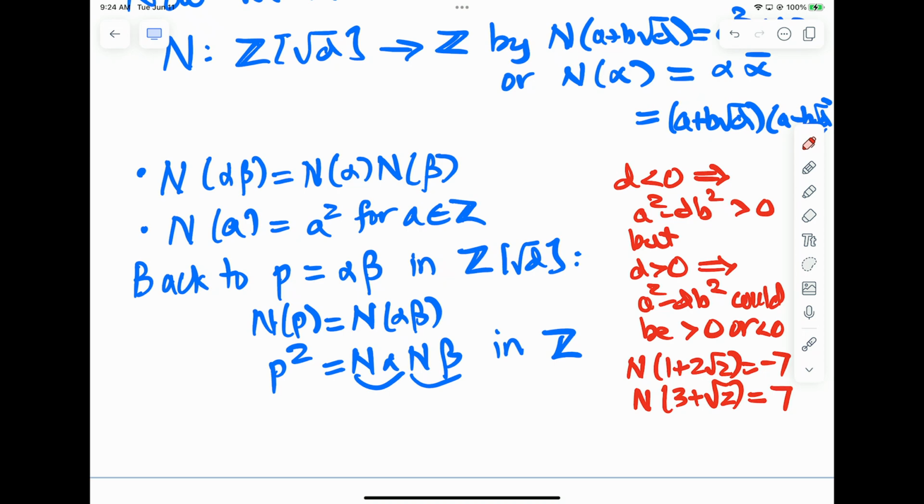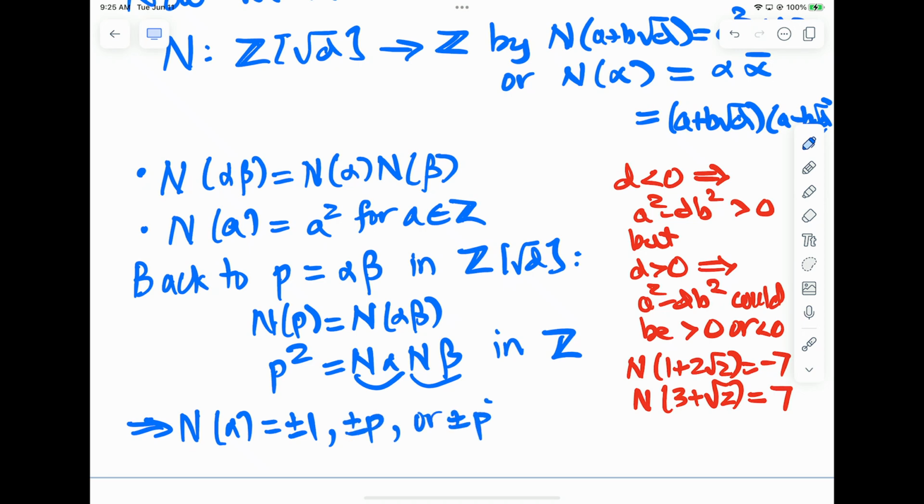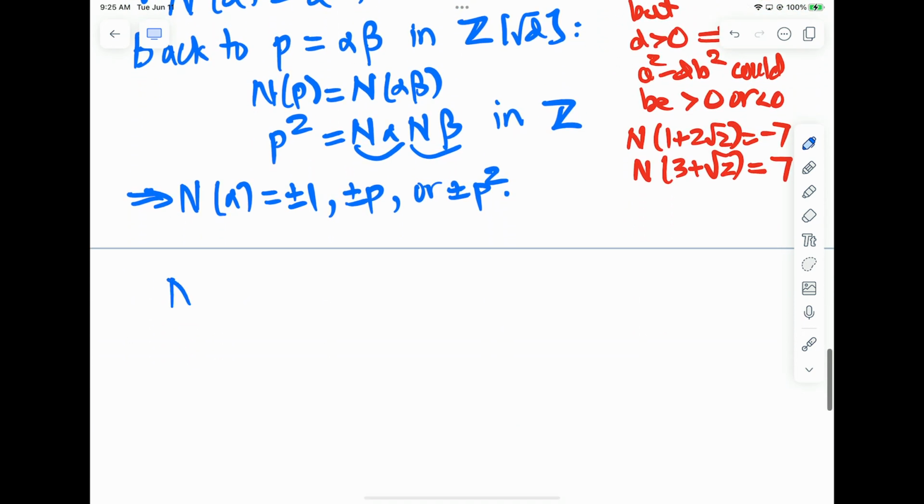And don't forget, norms could be negative unless d is itself a negative number, in which case the norm is positive. Sounds very confusing. And so therefore, the norm here is plus or minus 1, plus or minus p, or plus or minus p squared. Now, in fact, the norm cannot be 1.